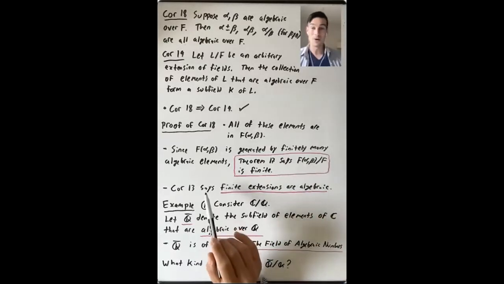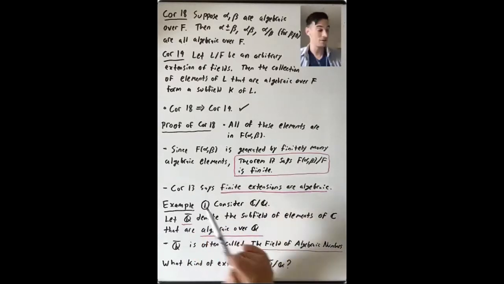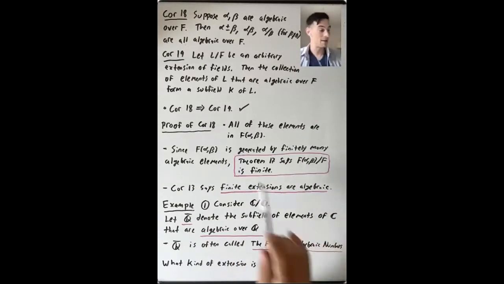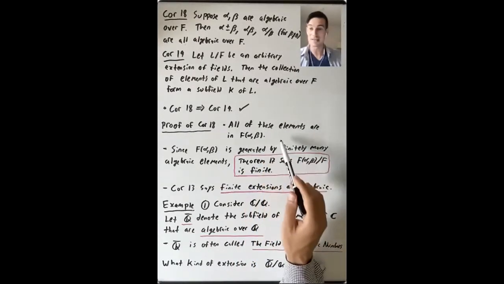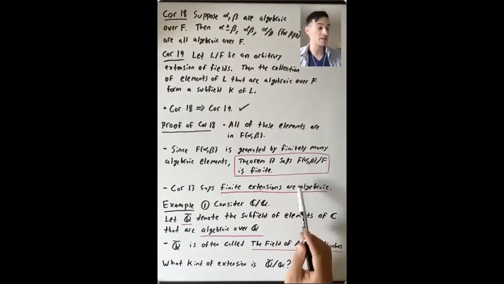And now, what do we know about finite extensions? Corollary 13 that we already proved says that finite extensions are algebraic. So that means that all of these elements, alpha plus or minus beta, alpha times beta, alpha over beta, are all algebraic over F. Okay, so that's the end of the proof.